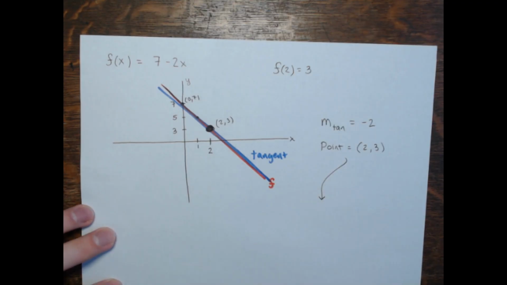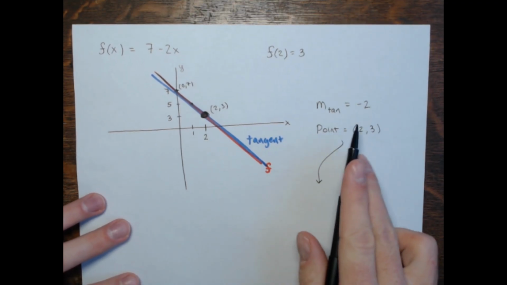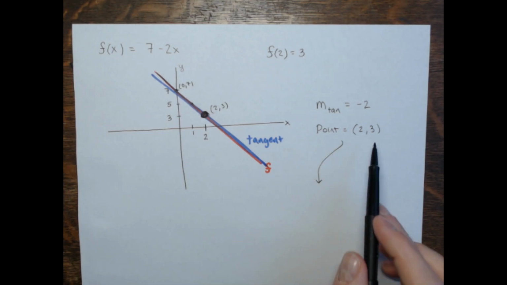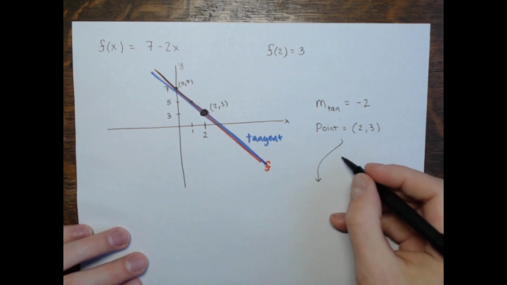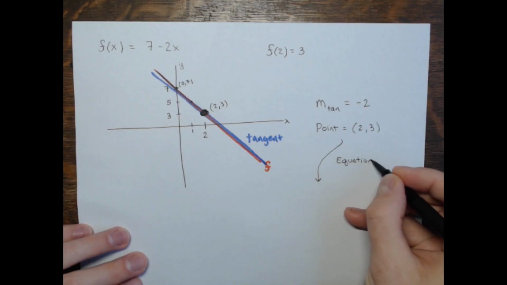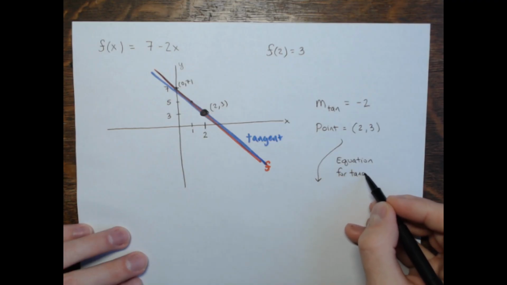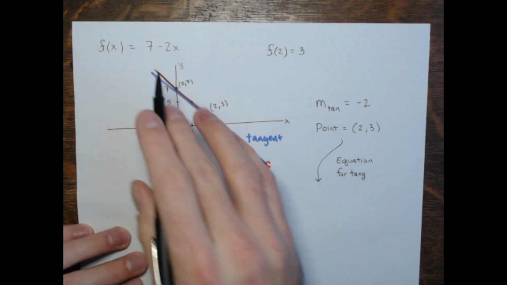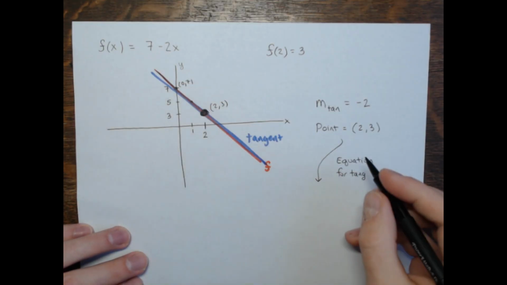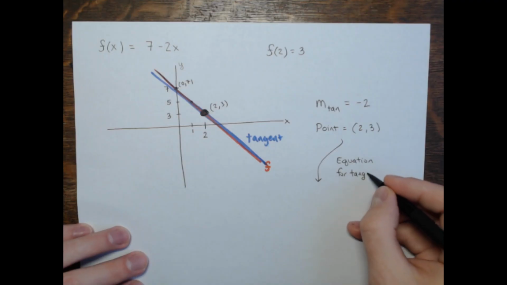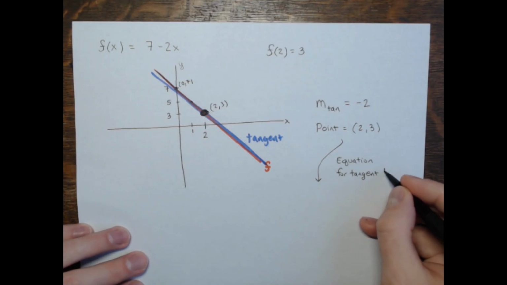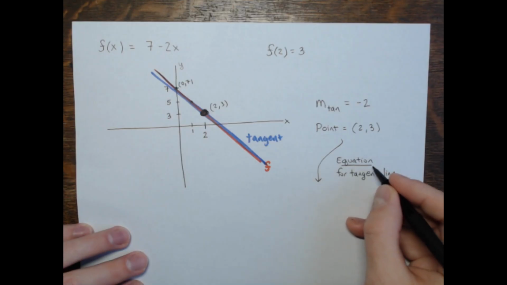So remember, when you have the slope of a line and a point on that line, you can write an equation for the line, for the tangent line, which should end up just being negative 2x plus 7. It's the same as the line we were given, but I'll show you. So, equation for the tangent line.